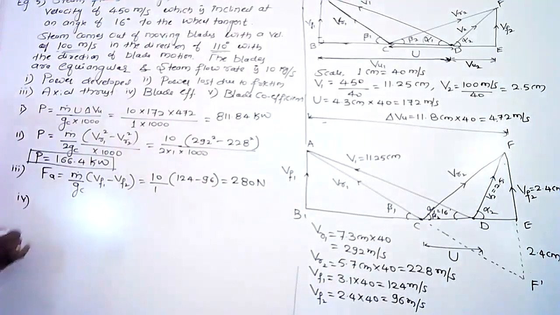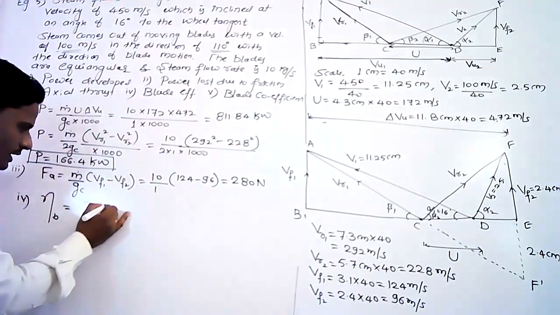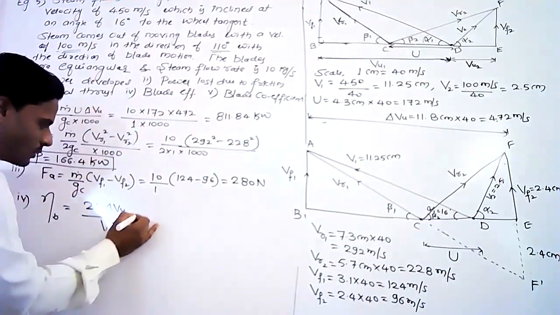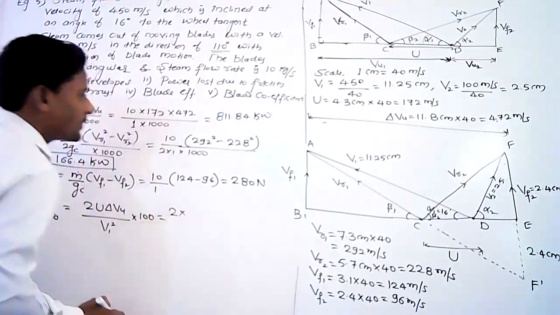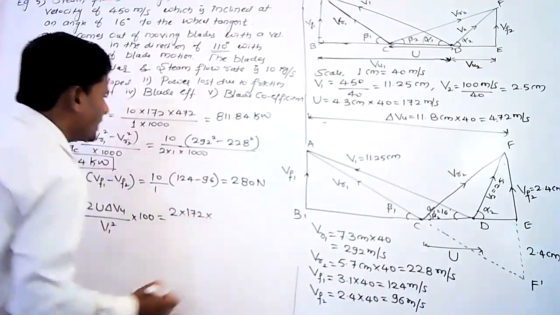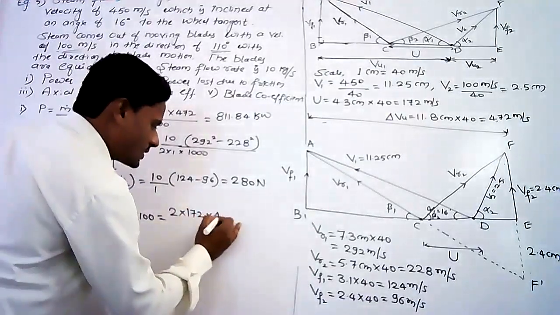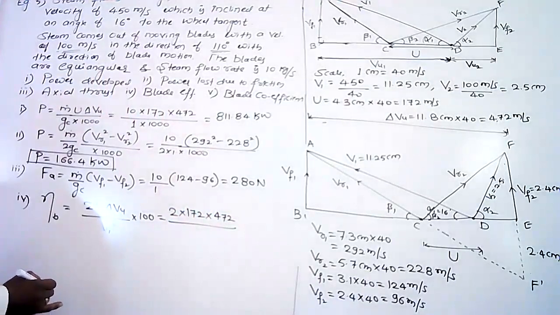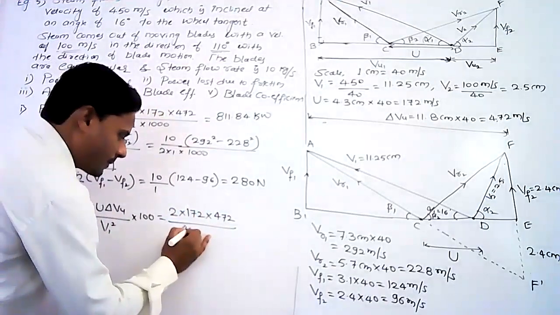Okay. Fourth bit is blade efficiency. We know that the blade efficiency is equal to 2u delta Vu divided by V1 square into 100. So 2 into u is 172 into delta Vu is 472, divided by V1 square, V1 is 450 square.